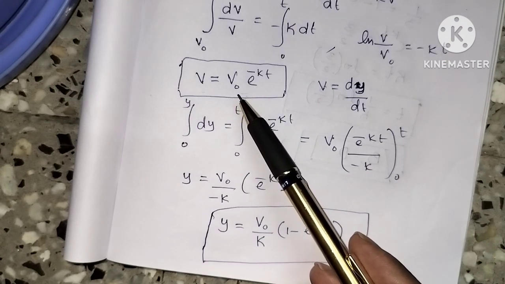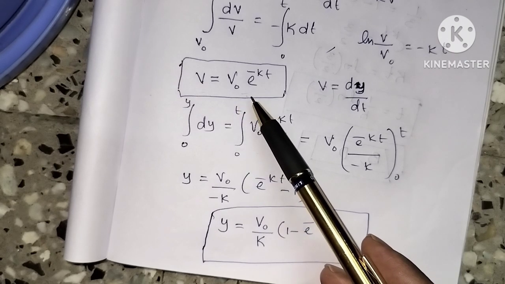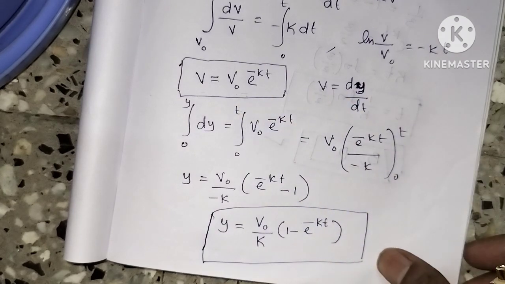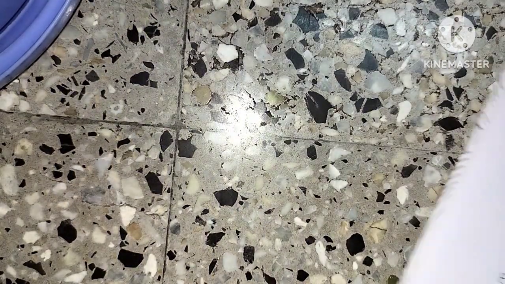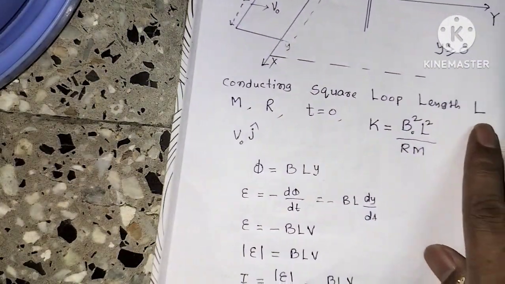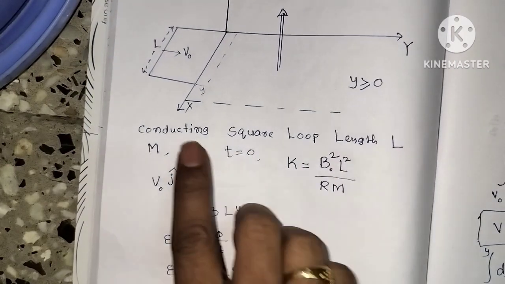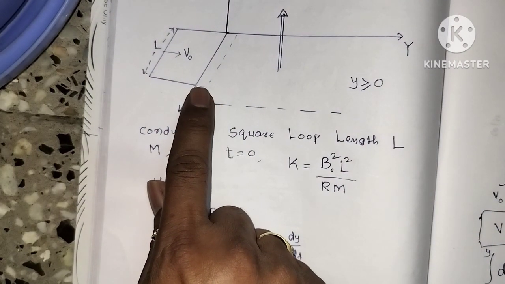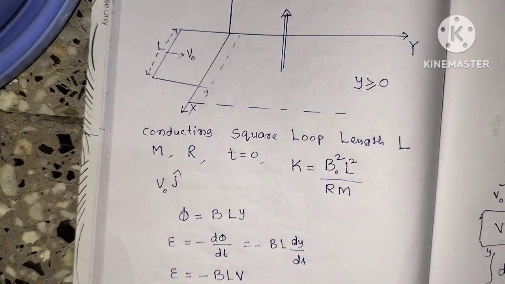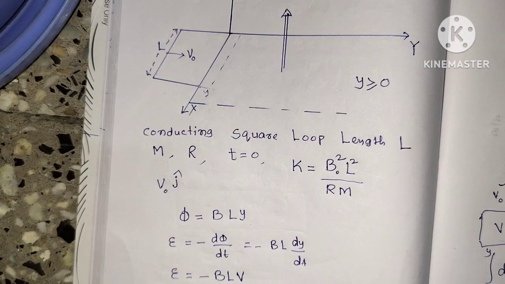Certainly, the loop will not come to rest after just traveling a length of L. What is L? L is the loop length. So it is just traveling a distance of the length of this loop, from here to here. It will not come to rest. This is a wrong option.